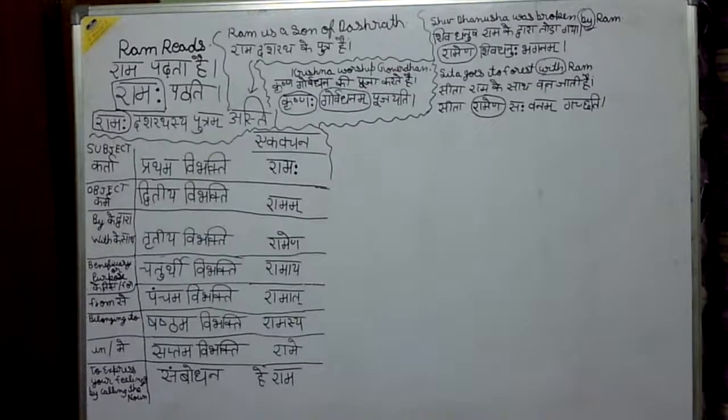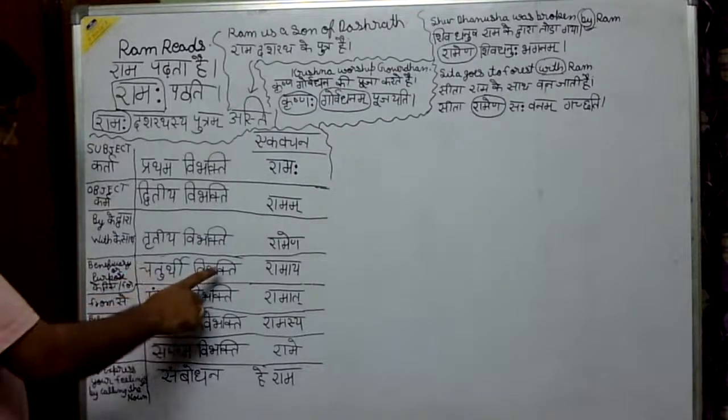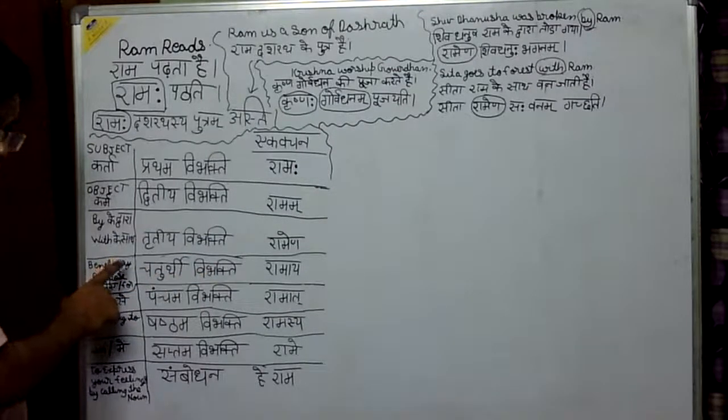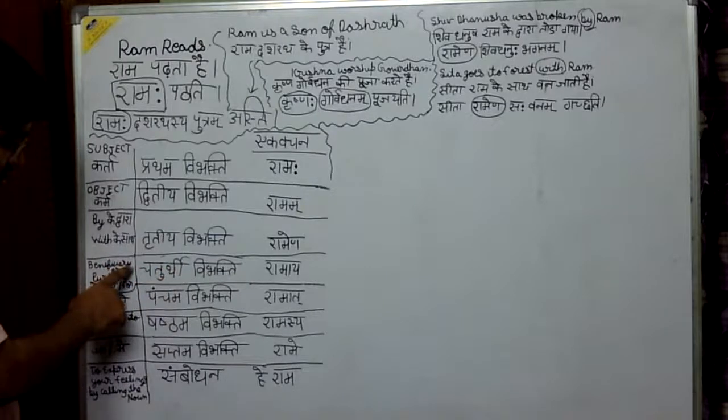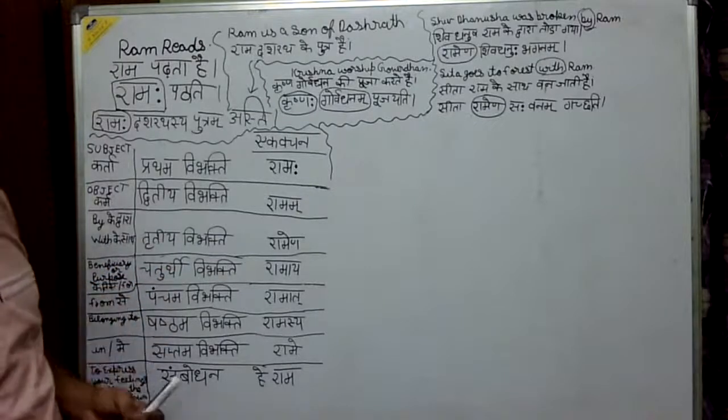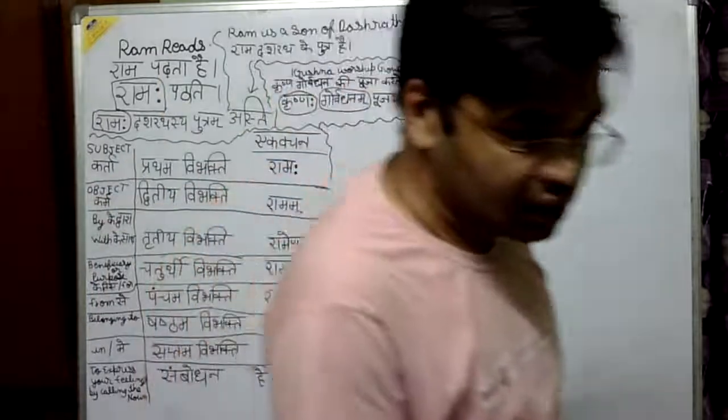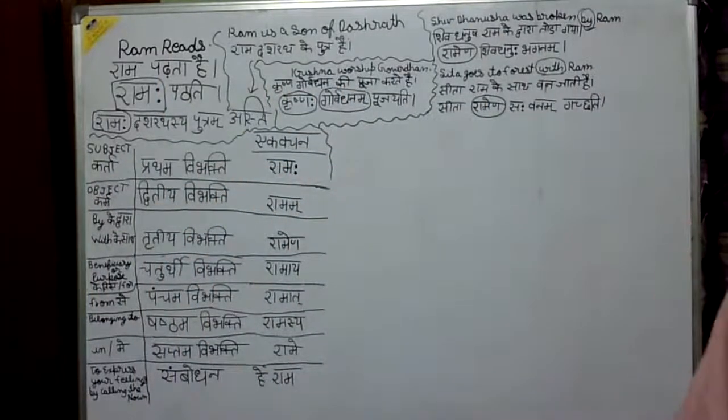What is the Chaturthi Vibhakti? Chaturthi Vibhakti denotes the beneficiary. Like we are giving something to some other person, and some other person is getting the benefit. So, for such kind of sentences, we use Chaturthi Vibhakti.